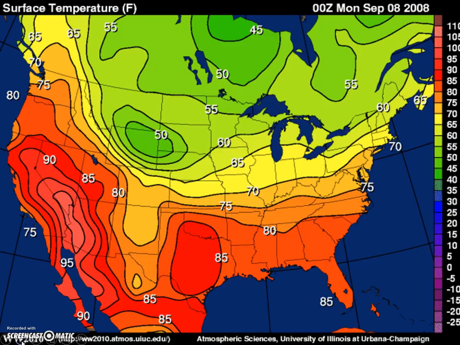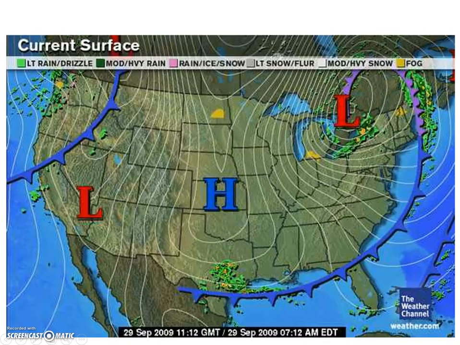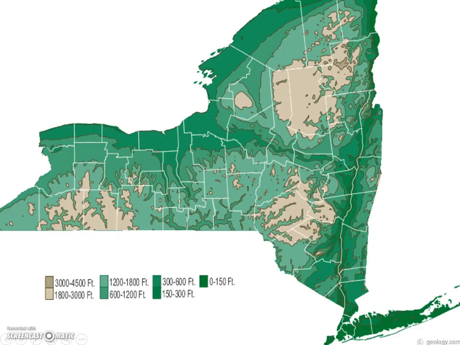Other fields that you probably have seen either on TV or in the newspaper would be a map like this that shows the temperatures. So we can look at North America and we can measure the temperature at every single point. We can look at air pressure. These lines are showing us the air pressure at different points in North America. We could look at elevations. So in this map of New York, the different colors represent different elevations in our state.